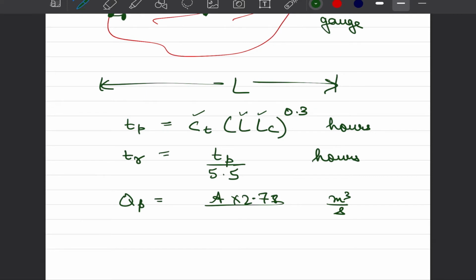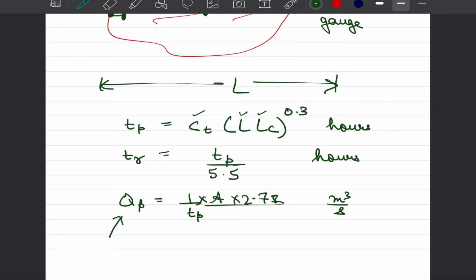Now, since 1 centimeter of precipitation is happening over the duration of TP, we can simply say that QP is equal to 1 by TP into A into 2.78, which is the conversion going from hours to seconds. And this assumes that whatever is falling into that watershed is contributing towards runoff.